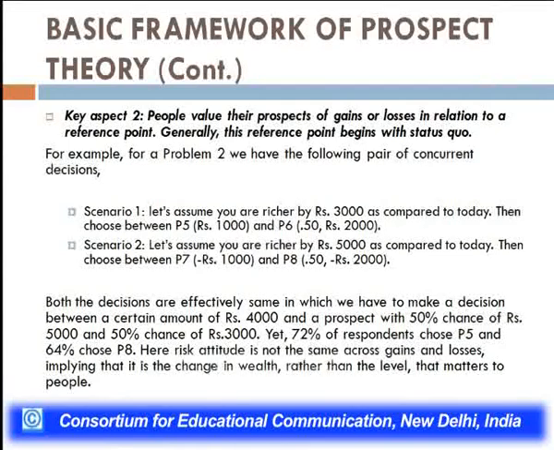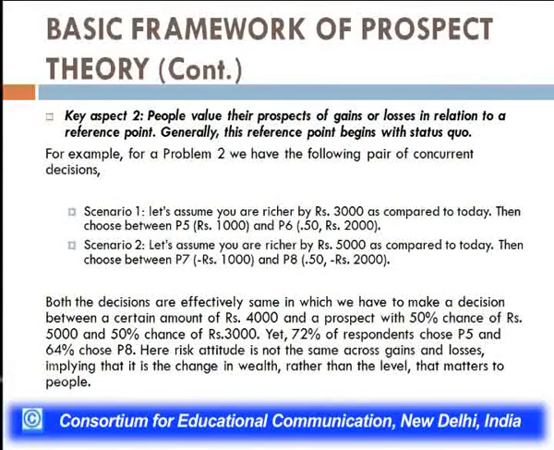Second aspect: people value their prospect of gains or losses in relation to a reference point. Generally, this reference point begins with the status quo. A very important concept Daniel Kahneman has talked about in prospect theory is that it is a reference dependent model. Every person has a status quo and nobody wants to leave their status quo.